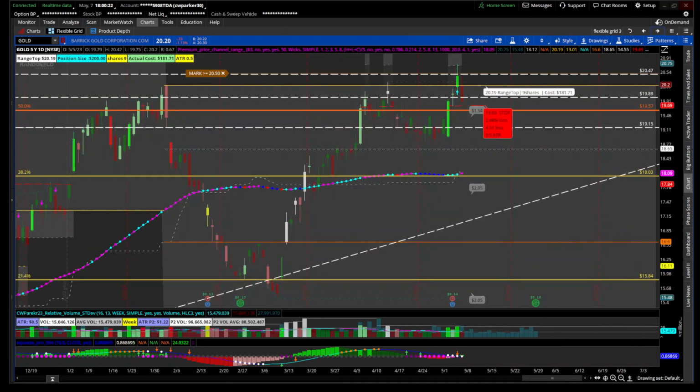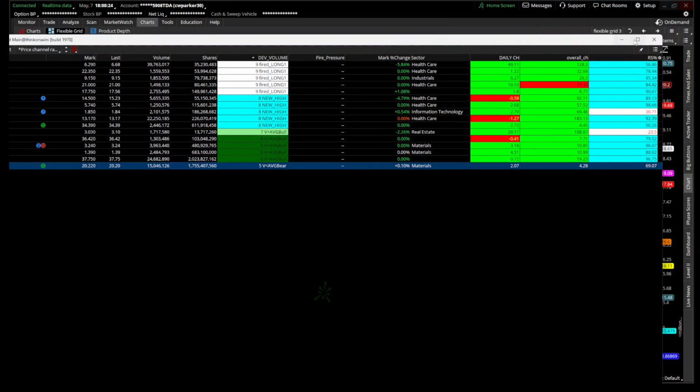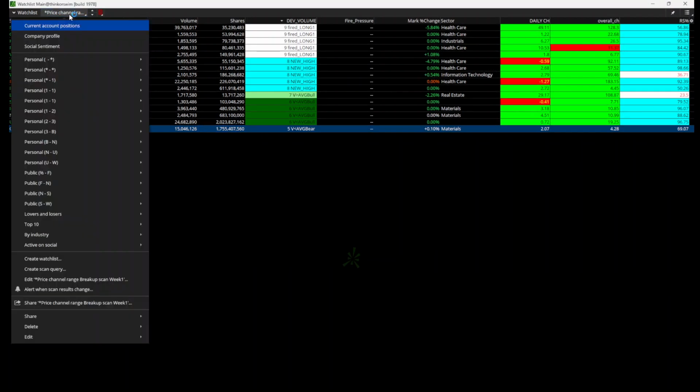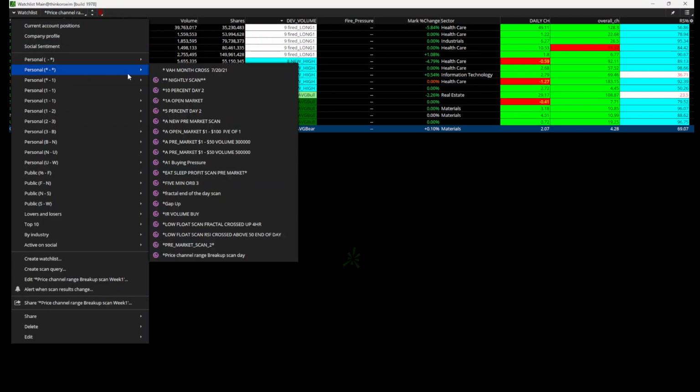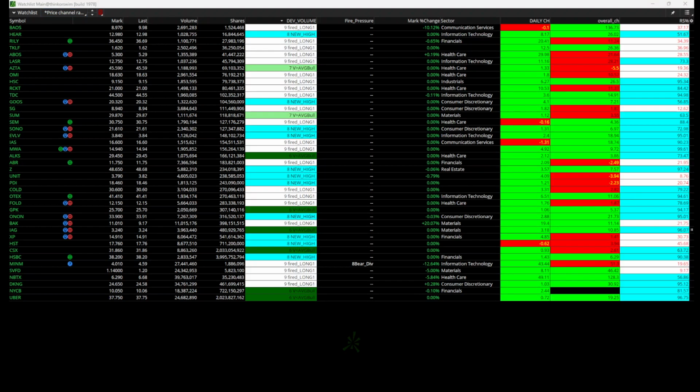So these are your weekly stocks, and I also created a scan for the daily as well. Price channel breakup scan daily, and just wait for ThinkorSwim. So these are the stocks that have broken above their daily resistance levels.